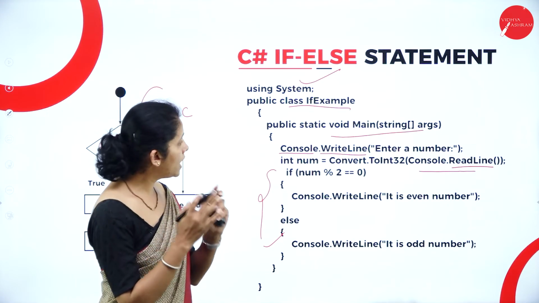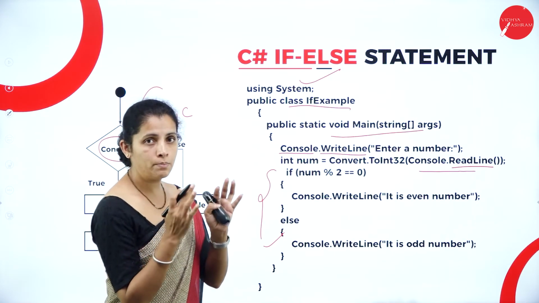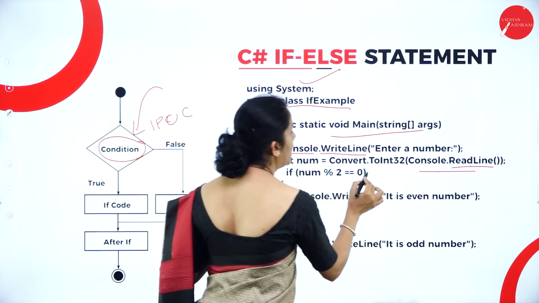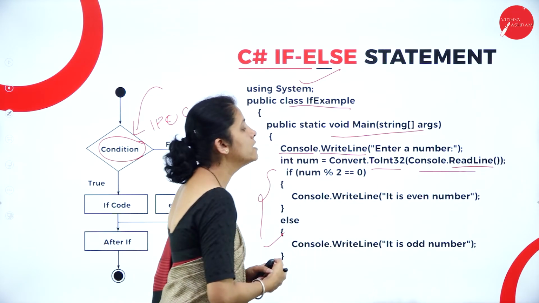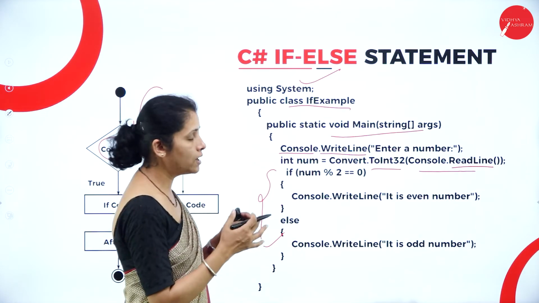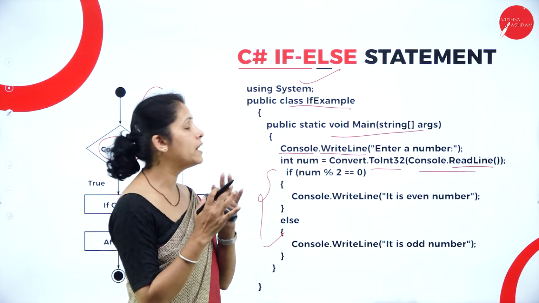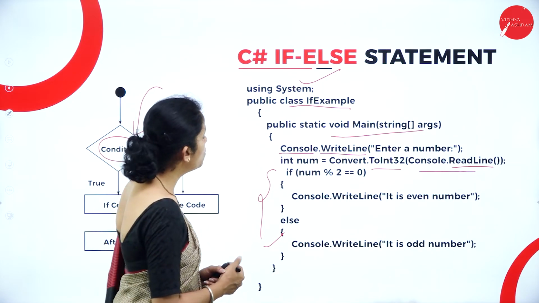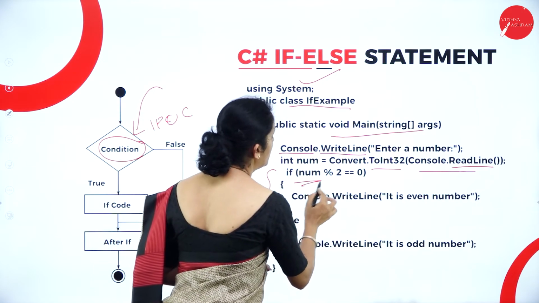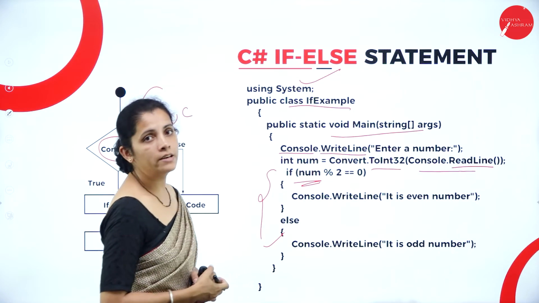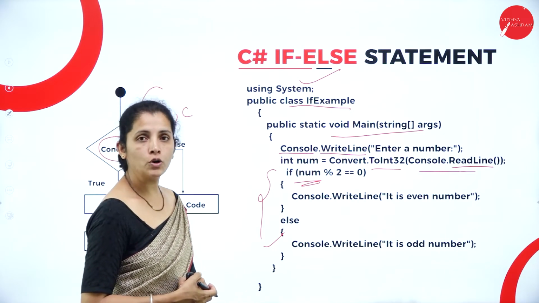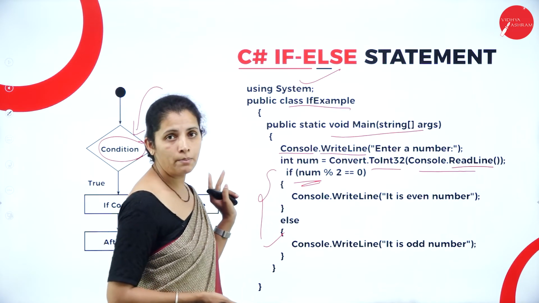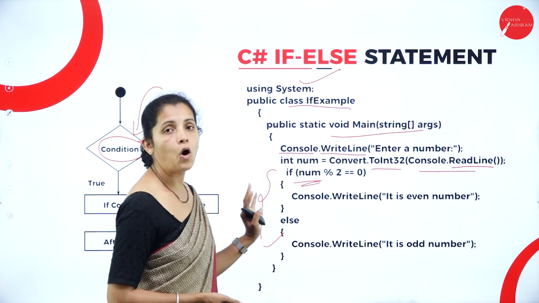Now, I want to convert whatever input I have read to integer. For that, I have the Convert method. Now, what I want to do is check whether the given number is even or odd.